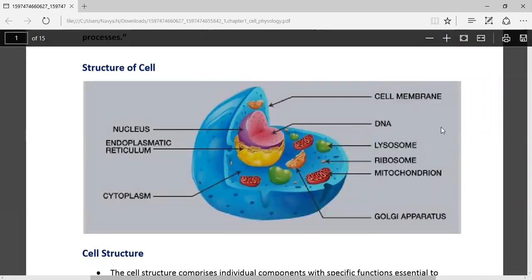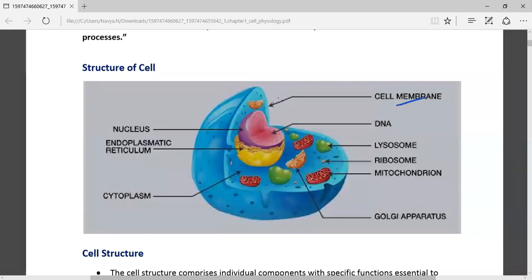Here we have the cell membrane, the DNA structure, the lysosome, the ribosome, mitochondria, the Golgi apparatus, the nucleus, the endoplasmic reticulum, and the cytoplasm. So these are the parts of the structure of the cell.